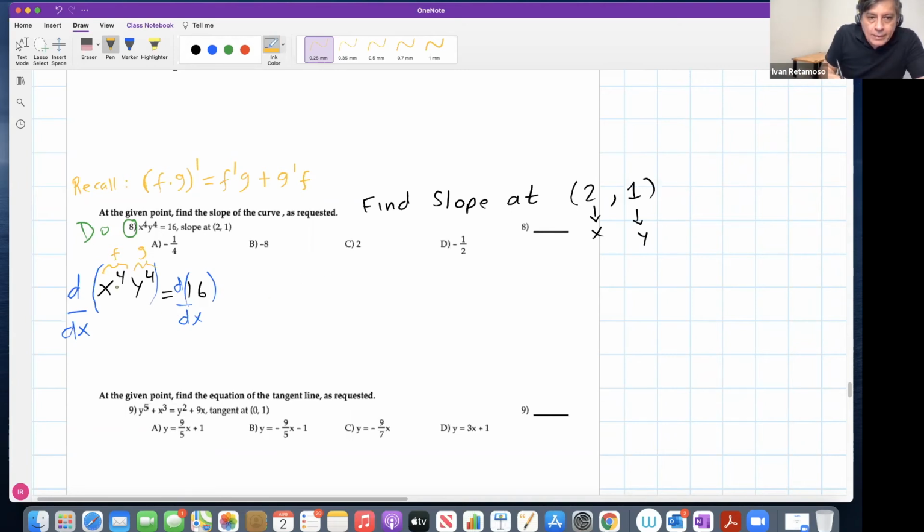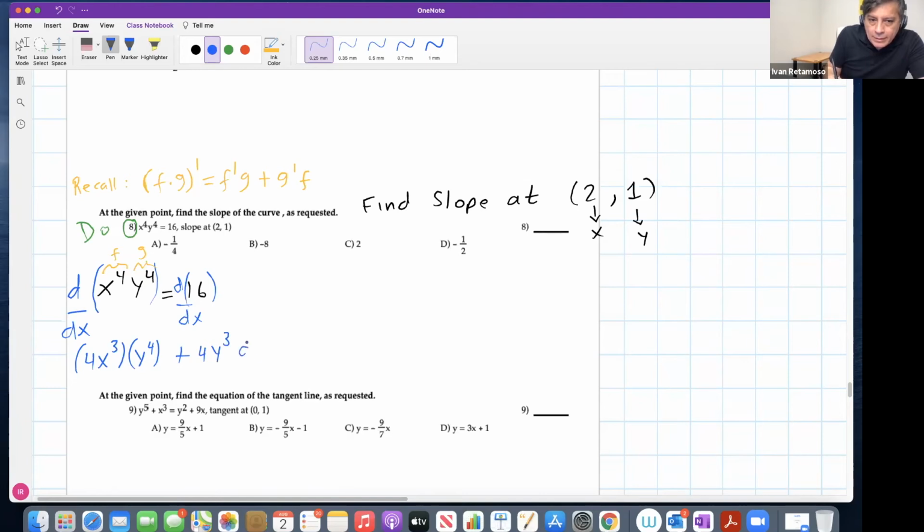Okay, so if I take the derivative on the left, I have to start with the derivative of x to the 4. That is just 4x cubed, right? Then I multiply this derivative by g. The function g is y to the 4 power, right? Plus the derivative of g. The derivative of y to the 4 power is 4y to the 3rd power.